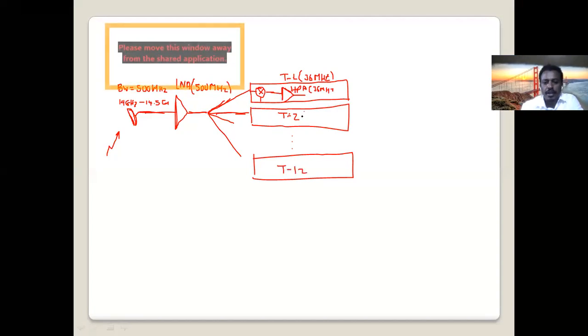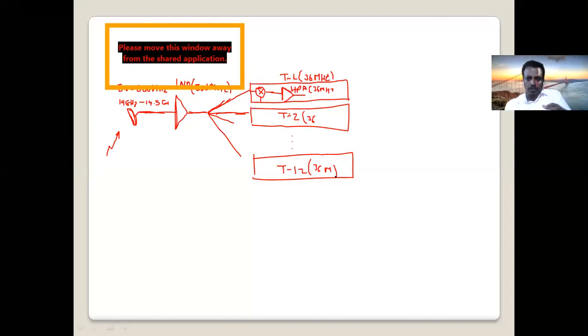Each one, how much bandwidth? 36 megahertz. So the total bandwidth, the 500 megahertz, is divided into 12 carriers. Each carrier is processed by one transponder.